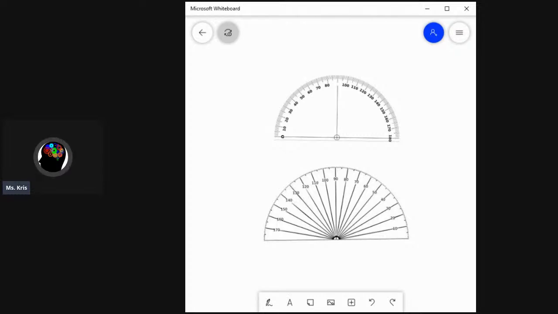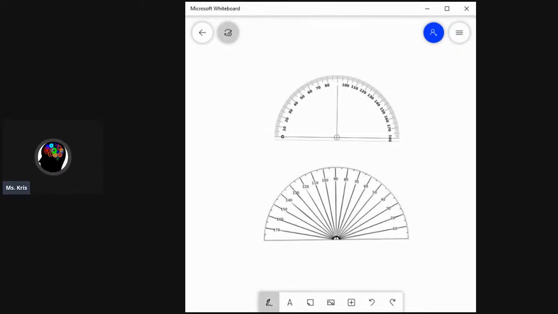So anytime you are dealing with an angle, know that it is two rays that have the same starting point and they're going into two different directions.